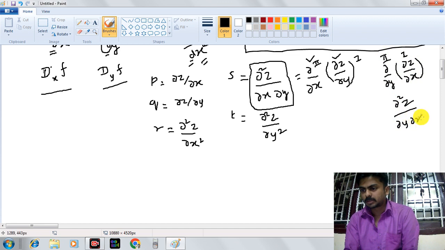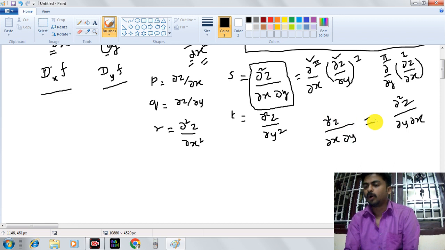We have already seen dou square z divided by dou x dou y. So whether these two are equal or not. The important note is these two are equal under some certain conditions.